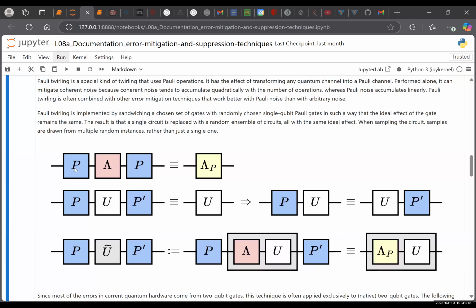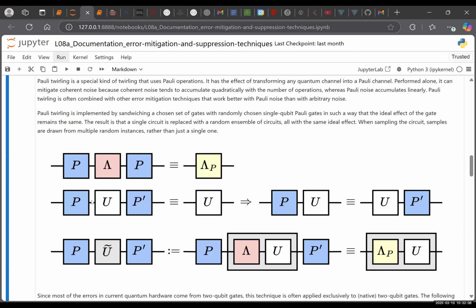P is any Pauli, could be X, Y, or Z, chosen so that the ideal effect of the gate remains the same. So for example, if you have a U and P, you could transform this to lambda P. It may not be the same.